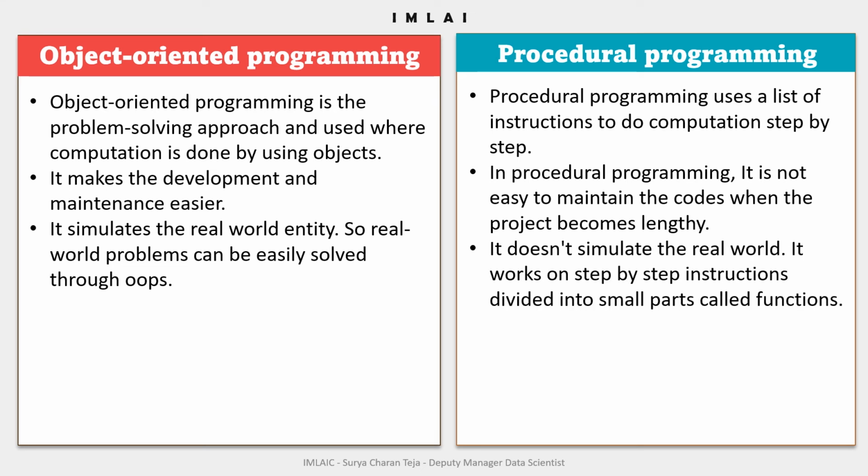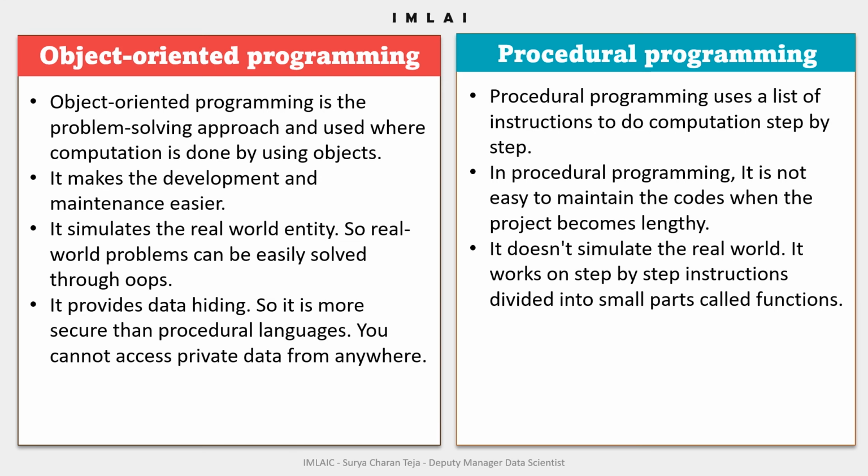And procedural programming does not simulate the real world. That is the biggest con of procedural oriented programming. It works on step by step instructions divided into small parts called functions.